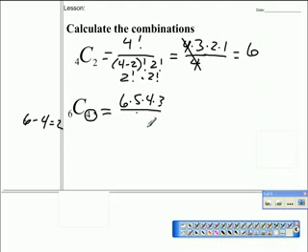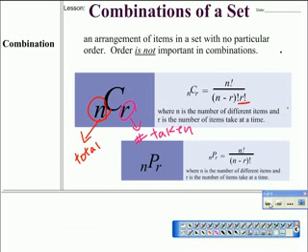So 4 factorial on the bottom becomes 4 times 3 times 2 times 1. What you will find with combinations is there's a lot more canceling you can do because of the extra number. Go back to the formula. The n minus r cancels on the top, but you have the extra r factorial.